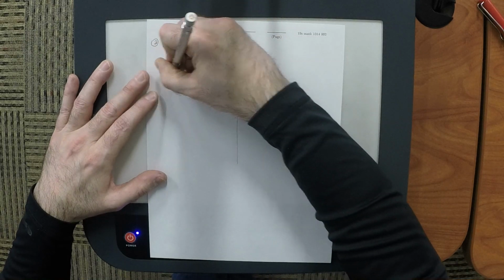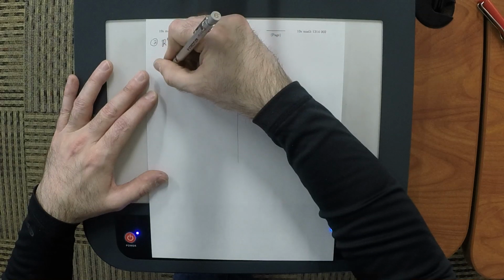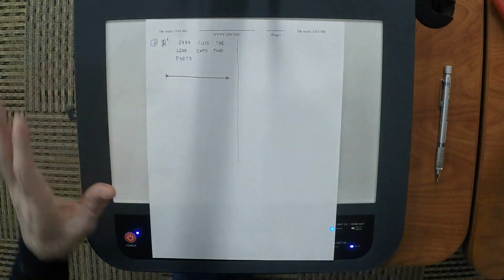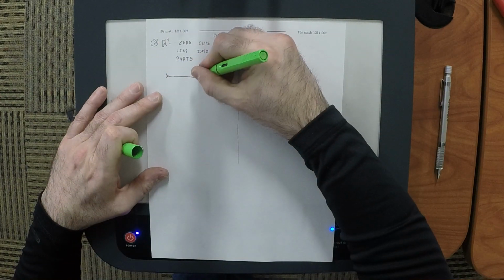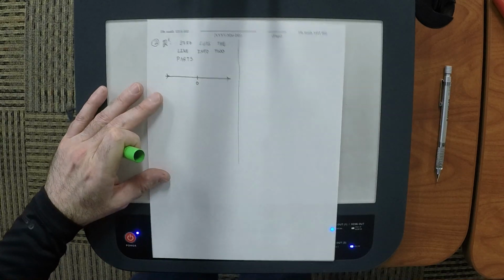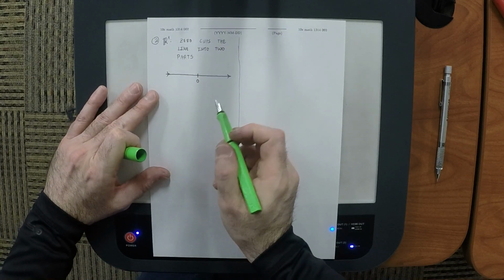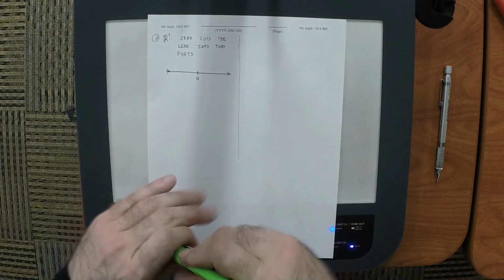So if we draw our line, and if we indicate where 0 is, then there's a left part and a right part. So it just cuts it.